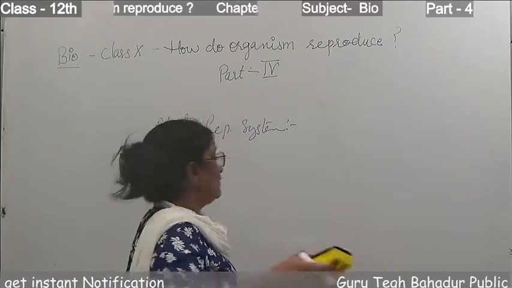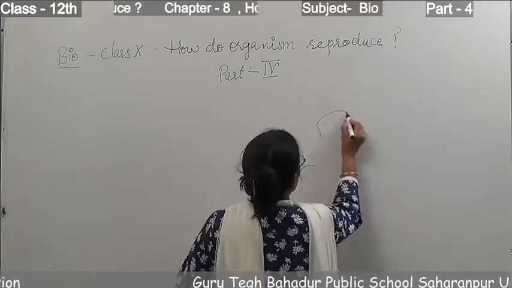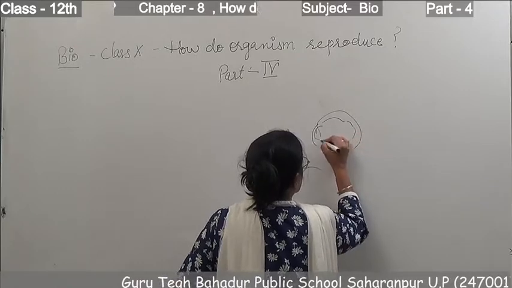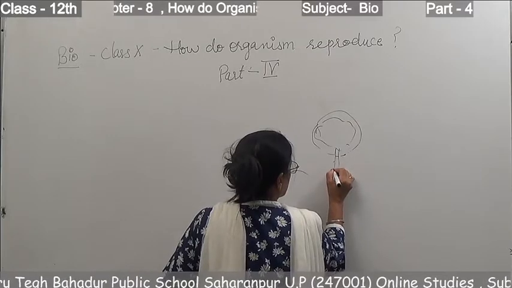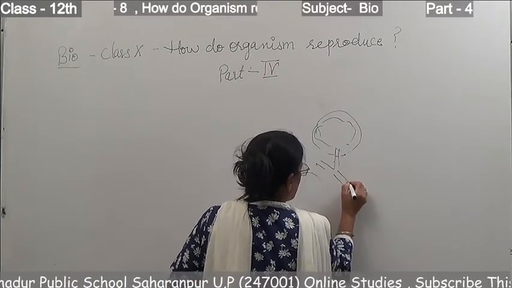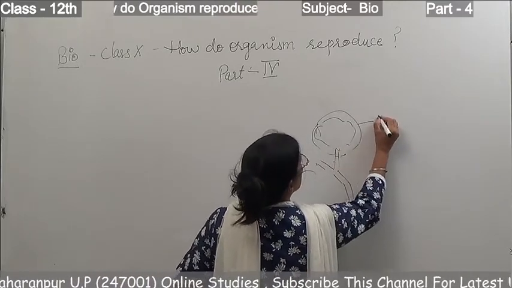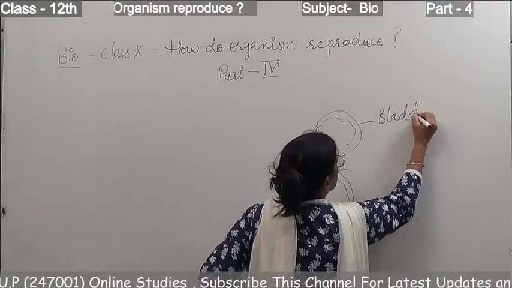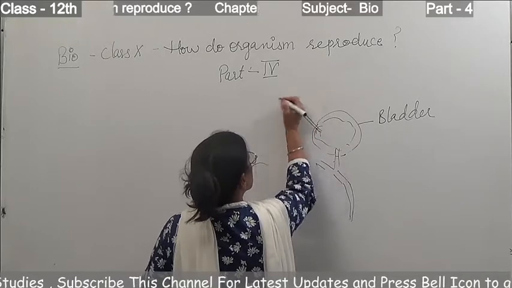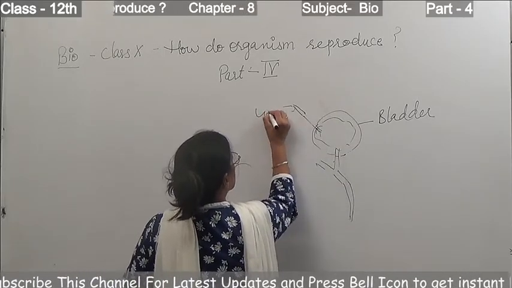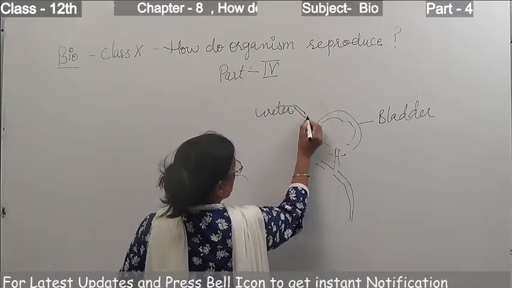So, let me draw the diagram of the male reproductive system. This is the diagram. This is the bladder. Then this is the ureter. Ureter brings the urine to the urinary bladder.